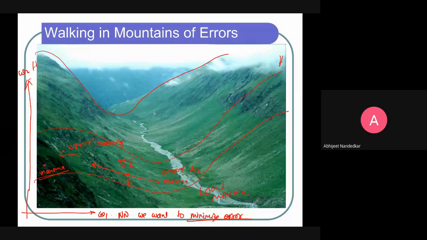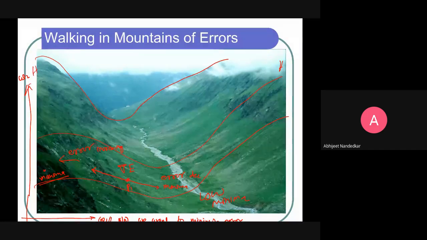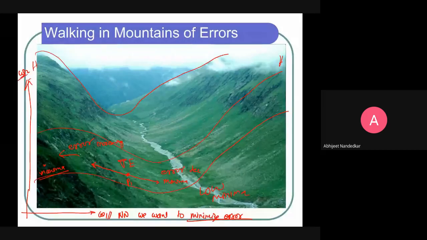Now here we control the height of error by changing weight. That means, suppose you are standing here, a point P is defined by weights W1 and W2.